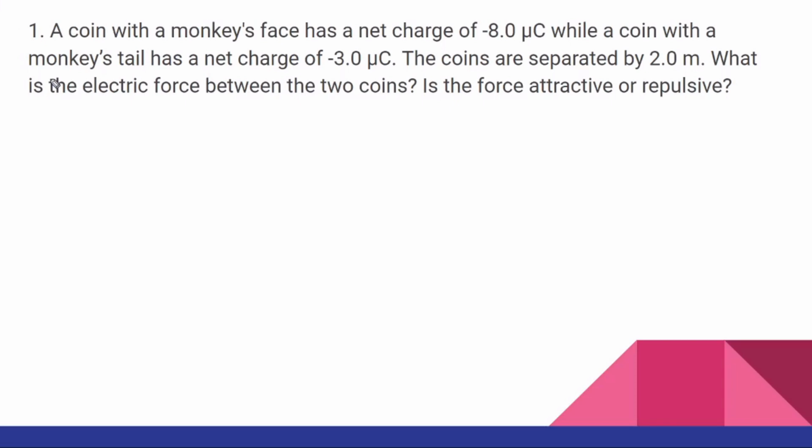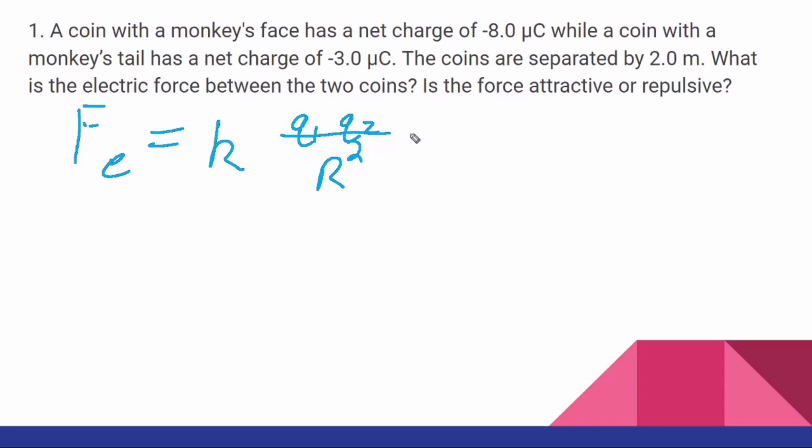To start answering this problem, we should start by writing down the equation we are using. So F subscript e equals k q1 times q2 over r squared.